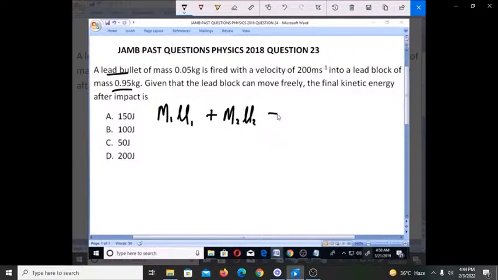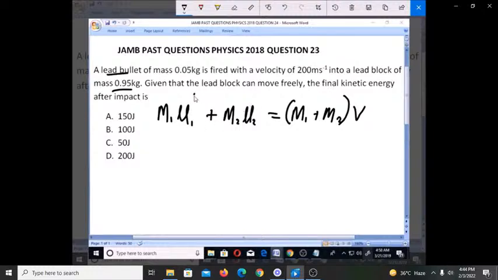After the impact, you're not going to have the two masses M1 plus M2 separately. Now, the masses are together, moving with one single velocity, V. So this is the right expression to solve this.